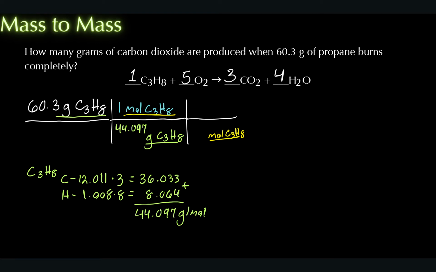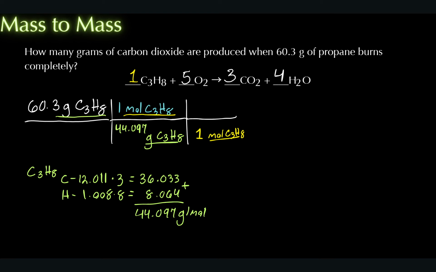Now, we're going to convert that moles of our C3H8 to the moles of our CO2. So right here, we are converting from one compound to another compound. So this will be the mole ratio coming from that balanced chemical equation. Looking at our balanced chemical equation, we should notice we have 1 mole of our C3H8, with that 1 coming from that coefficient.